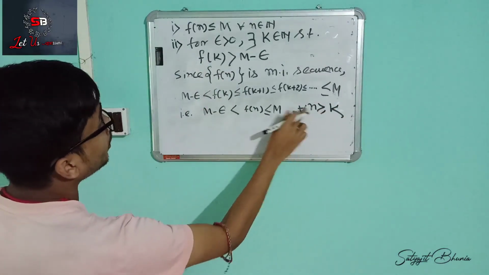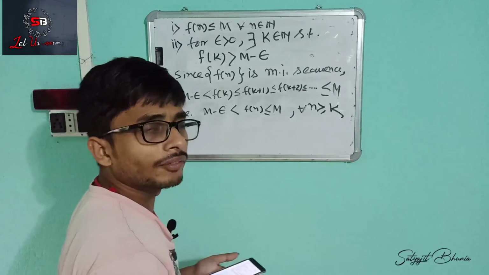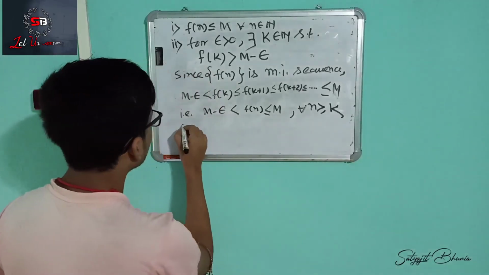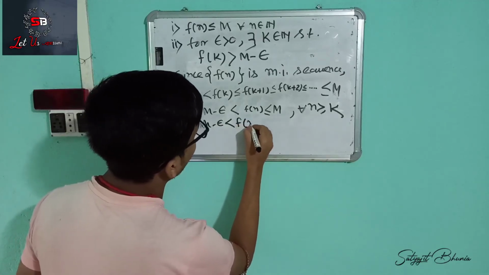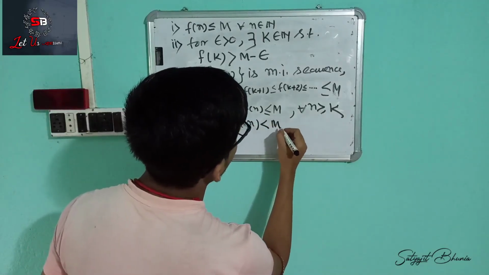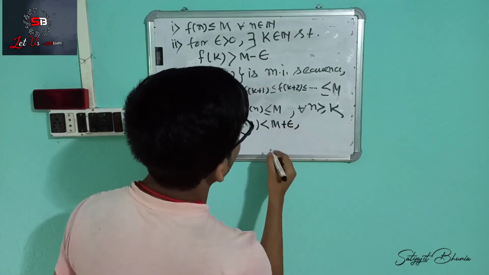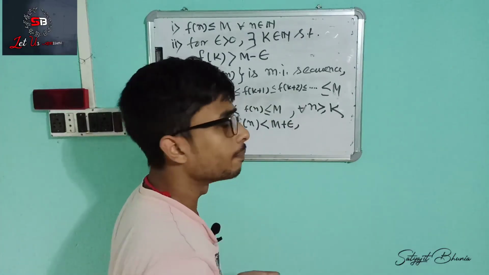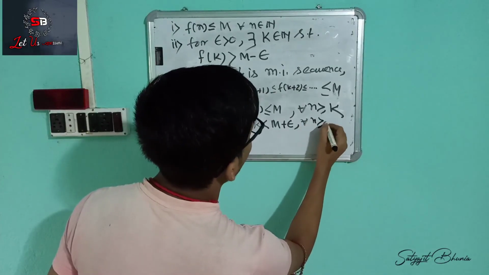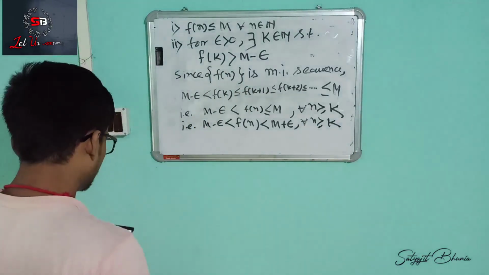We can write this from the above relation, or M minus epsilon less than fn less than M plus epsilon, since M plus epsilon is greater than capital M, for all n greater or equal to k.